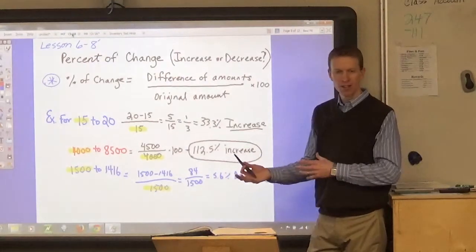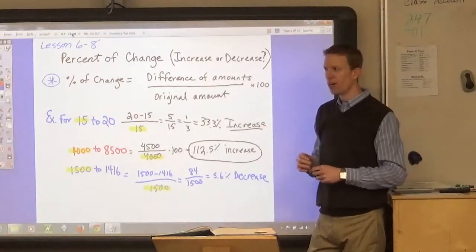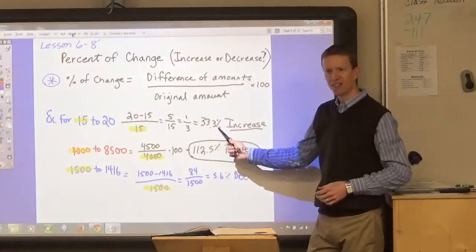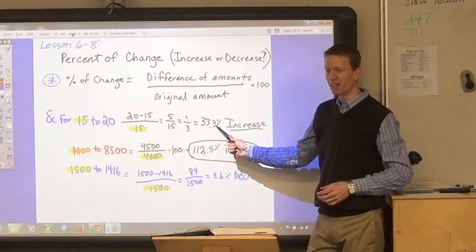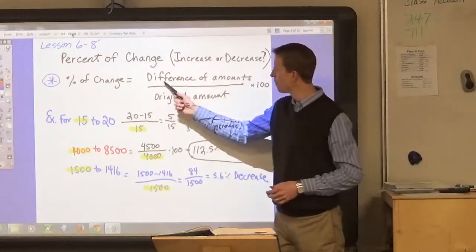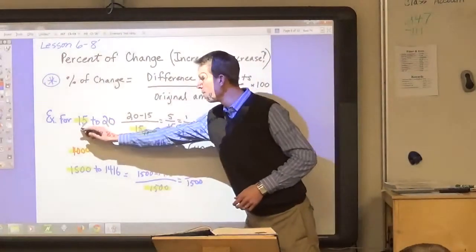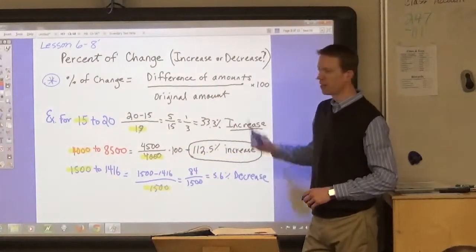Just like before, when you had written a proportion or a ratio, you divide and then multiply it by what? 100 to find the percent. So it's the difference of the amounts divided by the original amount, 15 is the original amount, times 100.